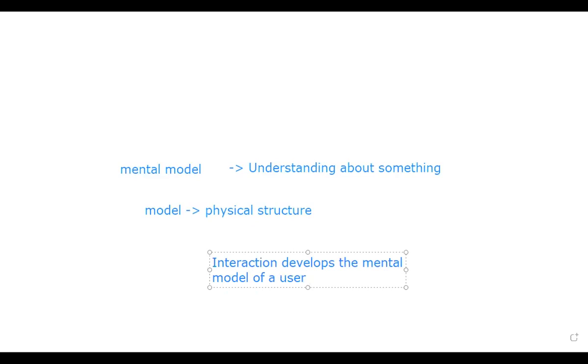This is a very important term that we discuss in this course. Everything we do is based on some sort of a model, and we will see this mental model is everywhere.